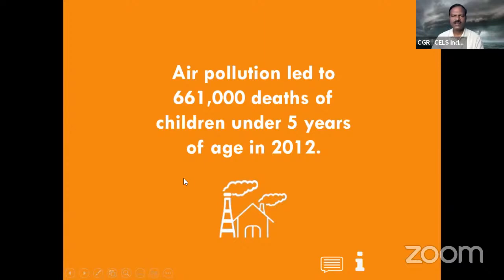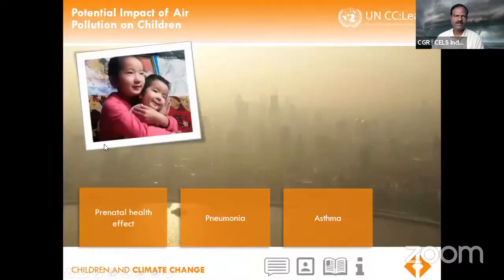So these kinds of factors are always existing in some countries, especially very poor countries, and deaths are occurring on a large scale. So over and above, climate change is happening now. And the pollution affects children, because several of the greenhouse gases are also air pollution factors.